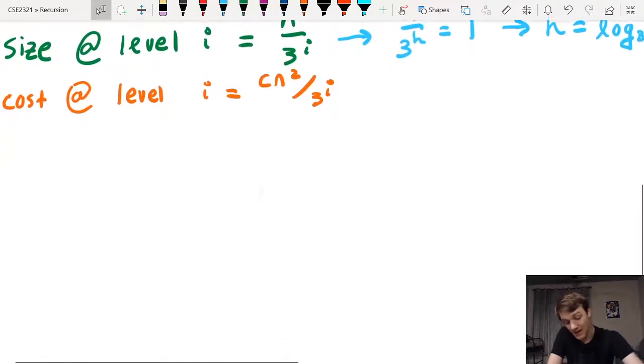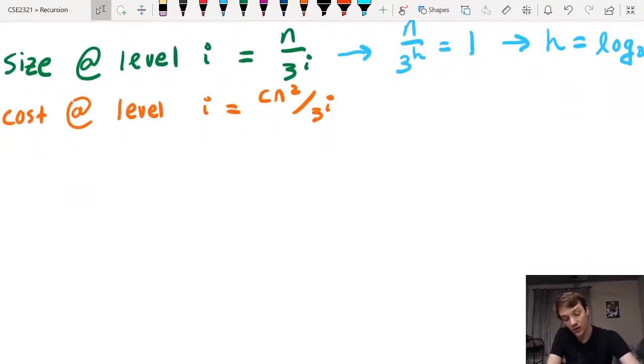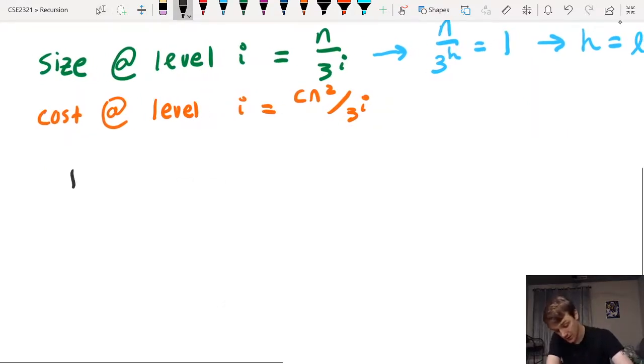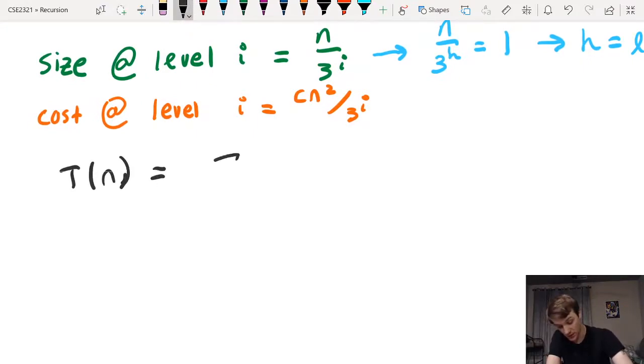So we're adding up cn squared over 3 to the i for every single level of the tree. So T of n is equal to the sum of the cost at each level of the tree, which is cn squared over 3 to the i.